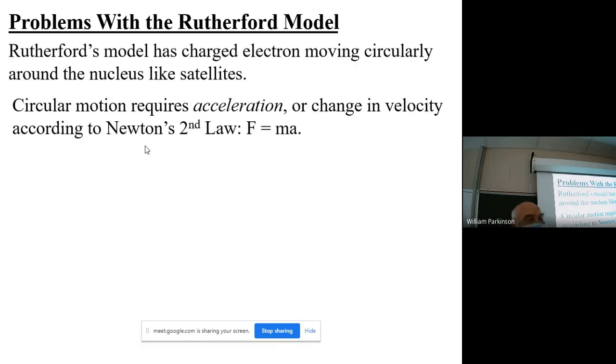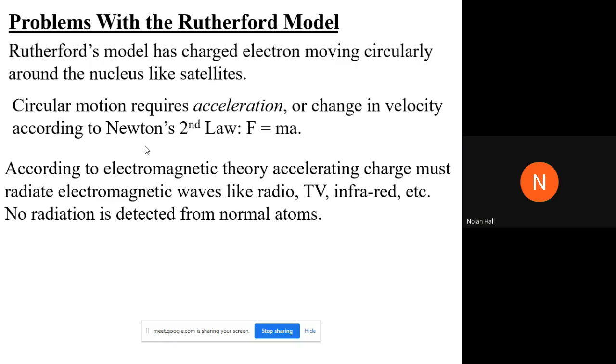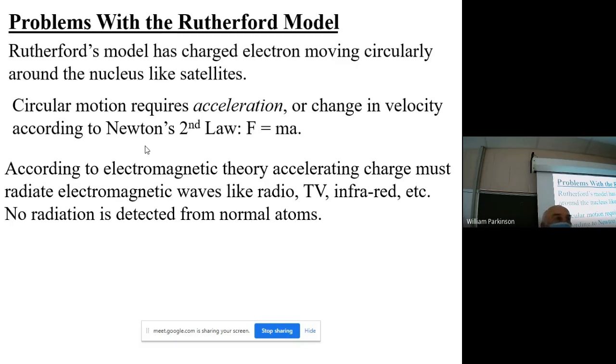Well, what physicists understood was that anytime charge accelerates, it should radiate, meaning it should give off electromagnetic waves. Maybe they would be in the microwave region, maybe the radio region, the infrared region, but changing velocity, or accelerating, electrons that are charged should make them give off light beams.